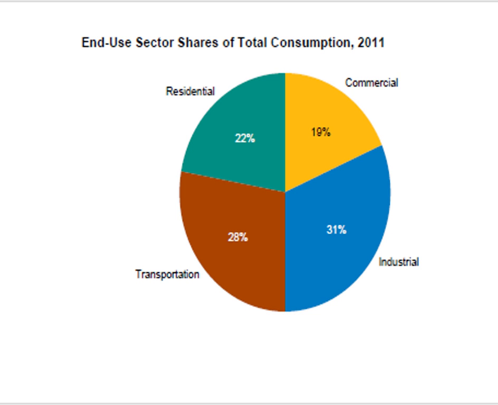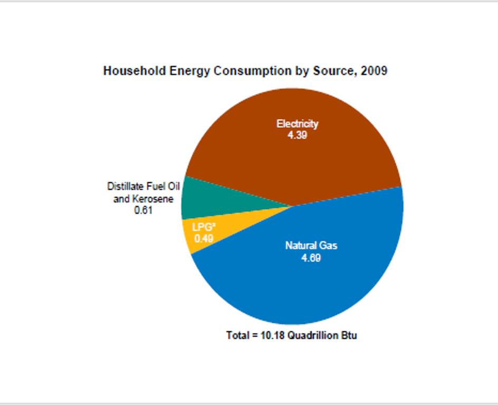This again looks at end use, which are the biggest uses of electricity. Transportation, again, no surprise. This looks at household energy consumption by source. Natural gas, again, is for heating. Electricity is, of course, for electricity. So the two biggest sources are electricity for all your appliances, and in some cases heating, and the natural gas for heating.